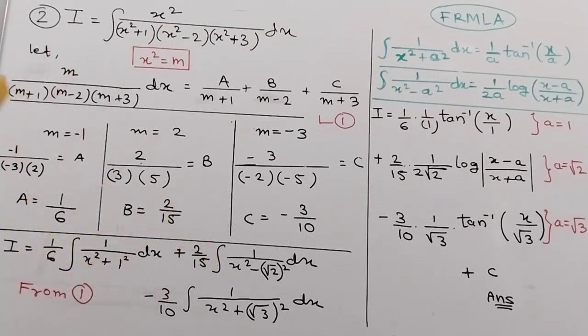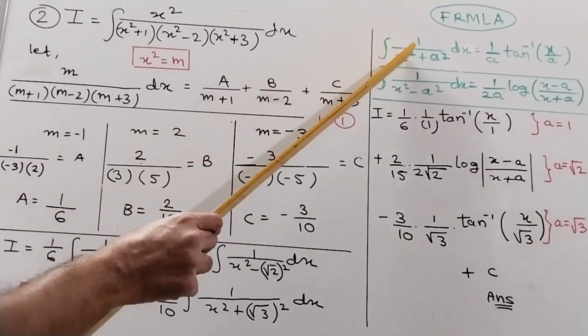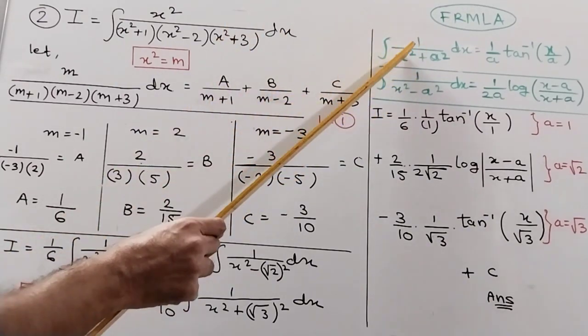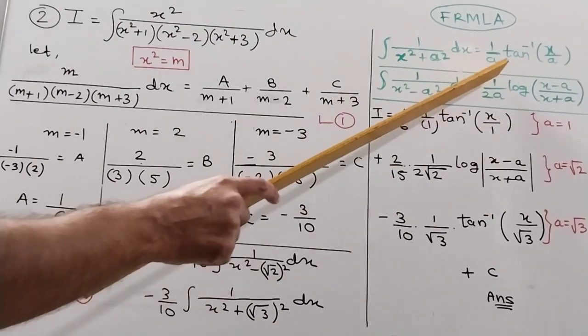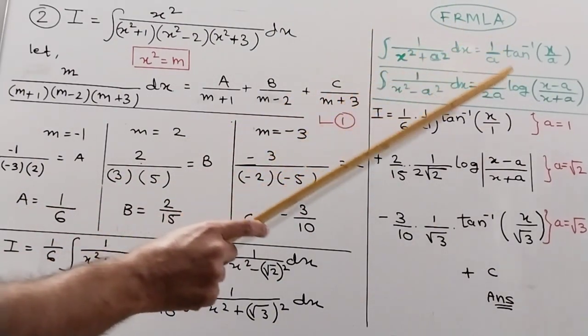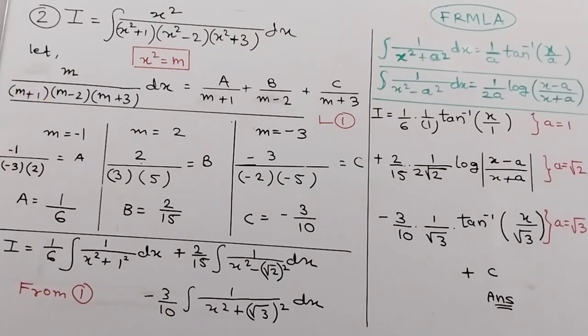Now yesterday what was done in the previous class, it was x, all the denominators were x, so the formula was different. Now here all different formula, quadratic, 1 upon x square plus a square formula, 1 upon x square minus a square formula. So only thing again here important or chances of making mistake is with value of a. अब यो a को कैसे लिखना है, स्क्वायर टर्म में.